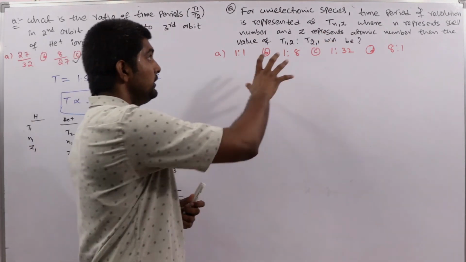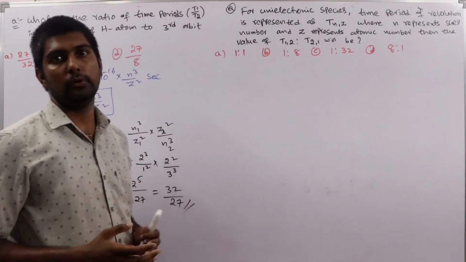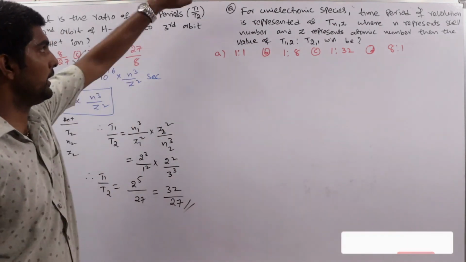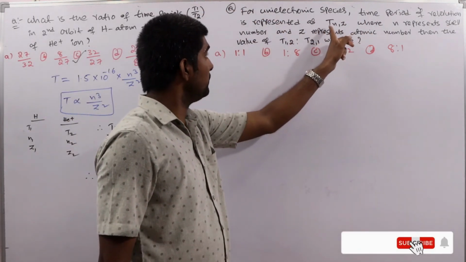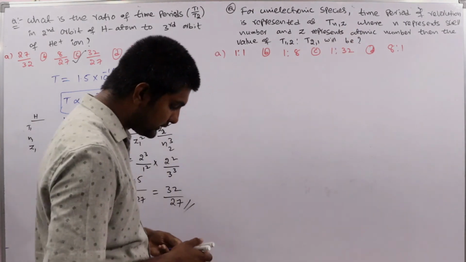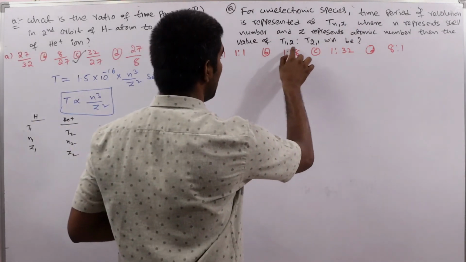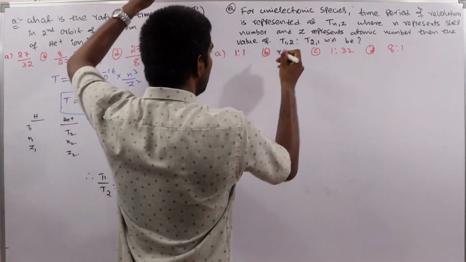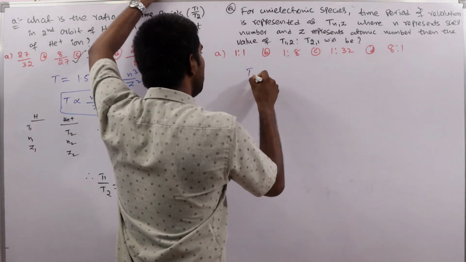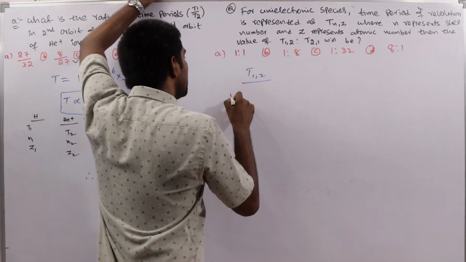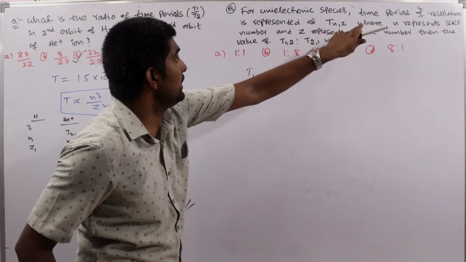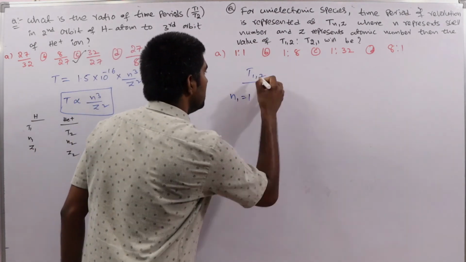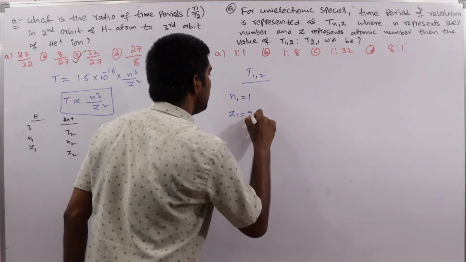Okay, see here, this is the same concept only, but slightly they have given it in a different manner. So here time period of revolution is represented as T n comma Z. From this one they ask you to find out T1 comma 2 is to T2 comma 1. So here for T1 comma 2, n is shell number, so N1 is equal to 1, and Z1 is equal to 2.